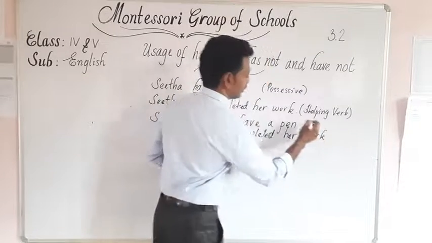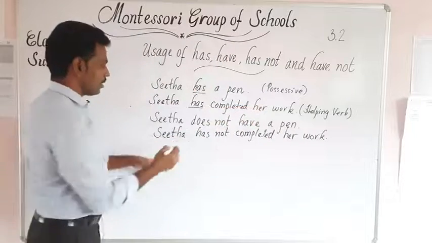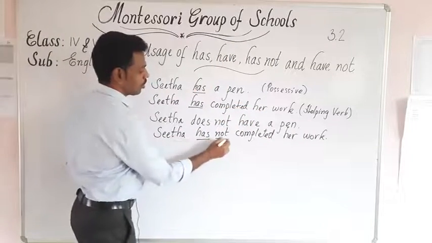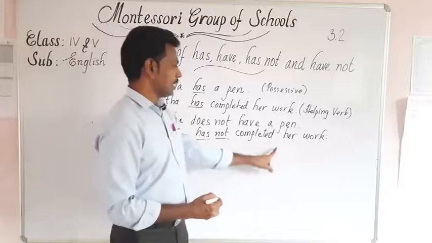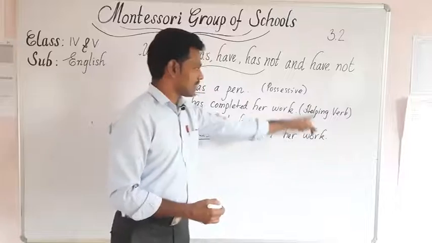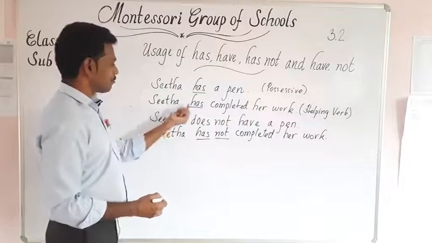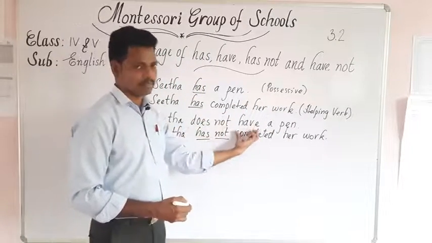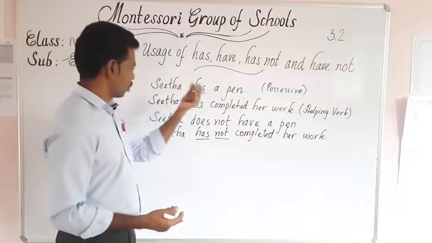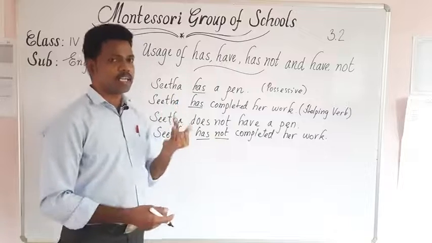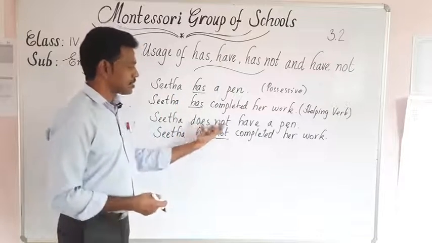Since it is a helping verb, we are simply adding not with has. Whereas in possessive case, we have to use does plus have, for third person singular, not only Sita, he, she, it.